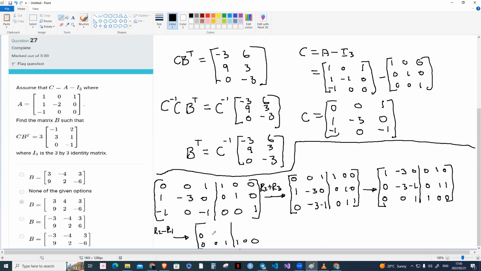And this will remain the same in the case -1, 0, 1 for row 3. Sorry, did I say row 3? No, I meant to say row 1 minus row 2. Don't want to get a negative here. So I'm going to say row 1 minus row 2.